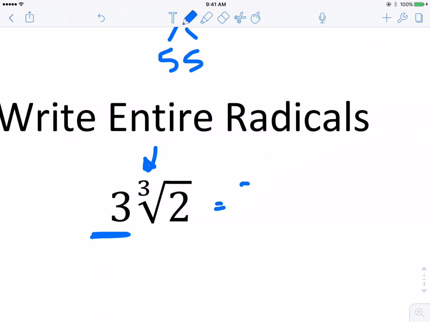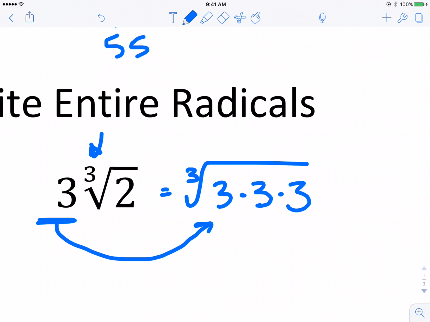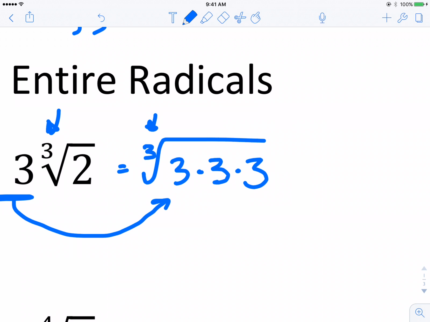So I have the cube root because that's what my root is. For this 3 to come out of the radical, inside the radical had to be 3 times 3 times 3. Why 3 of them? Because we're doing the cube root. And then we have our leftover bits times the cube root of 2.